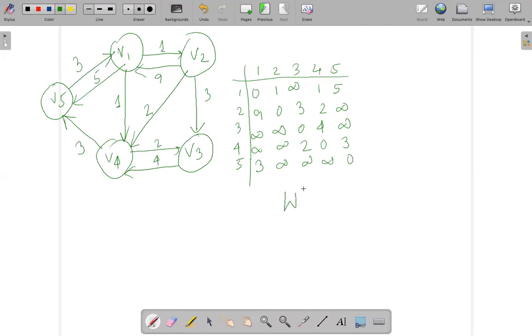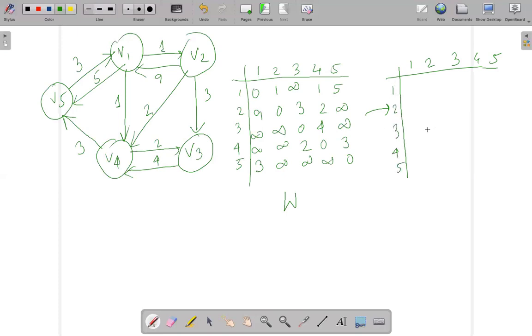So this is my W matrix, and my objective is to derive another matrix D which gives me the shortest distance between every pair of vertices. As you will see, for this small graph you can very easily hand calculate and fill in the matrix.